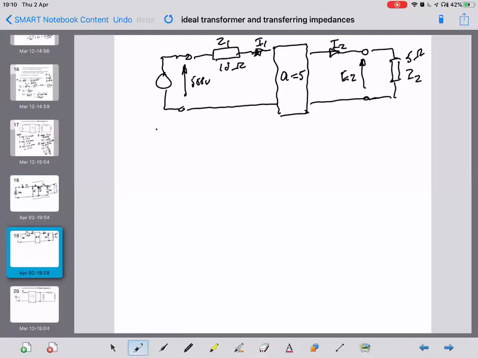So it's EG 500 volts, Z1 10 ohms, which I've drawn on the diagram, Z2 5 ohms, and the question says find secondary voltage, E2, and the current.